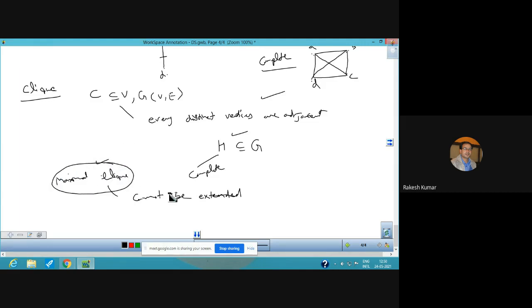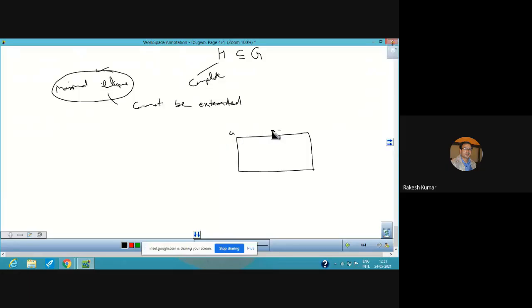This is an example. You can plot the graph. So vertices are A, B, C, and D, E, F. Now you can join these vertices and you can cross these also.